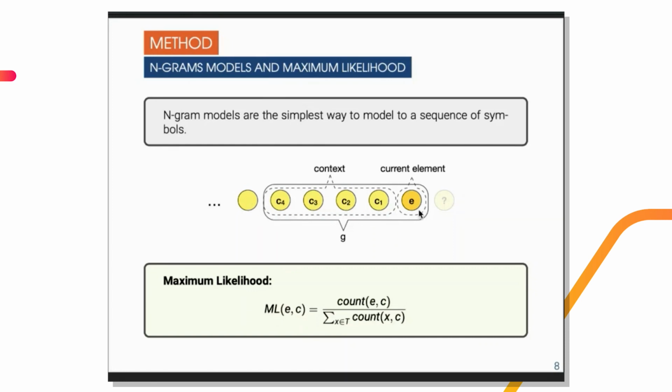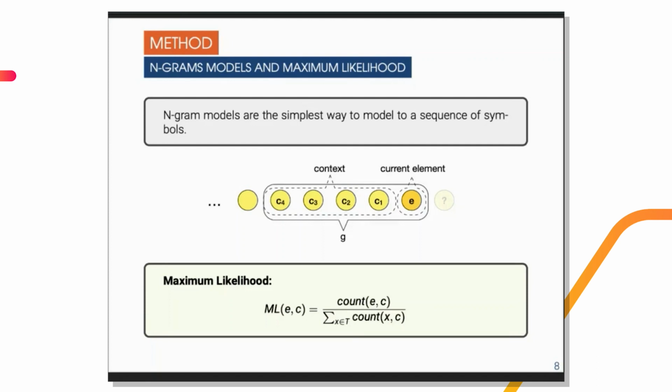These yellow blobs are the elements of the sequence, and this circled n-gram is of length 5, and I've called it G. Typically, we also call the first n-1 elements of the sequence the context. So these are the things labeled C here. And that's followed by an element which we call the current element, the one we're trying to assign a probability estimate to when we're doing statistical modeling.